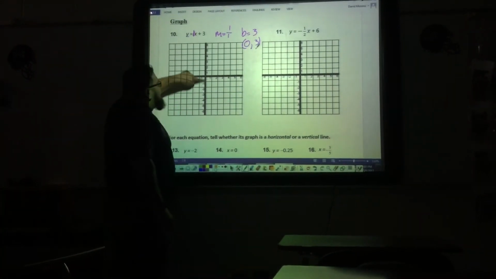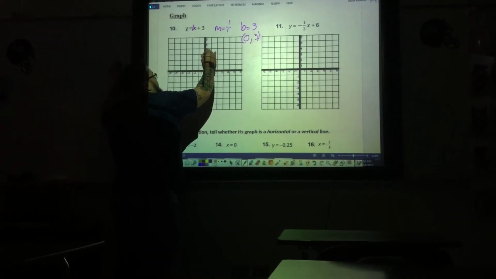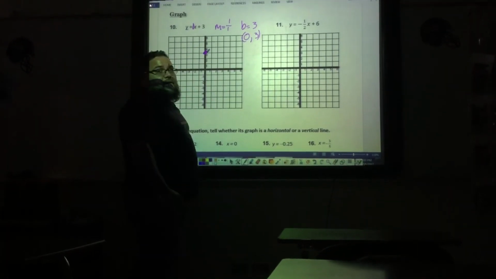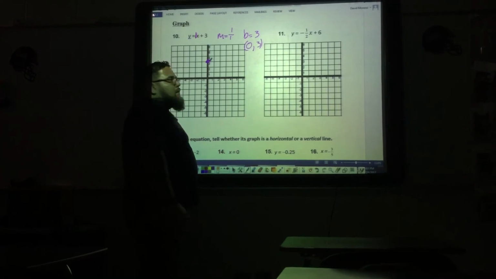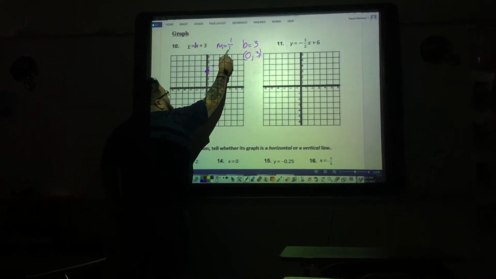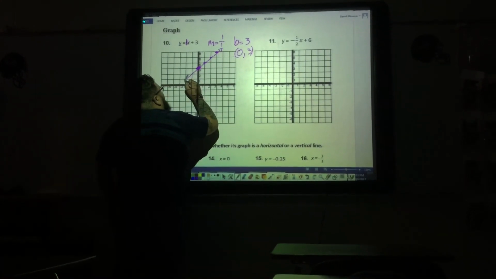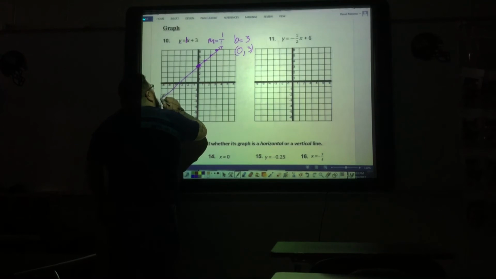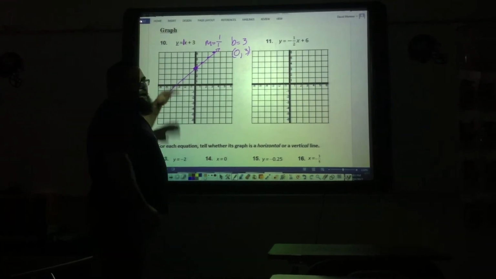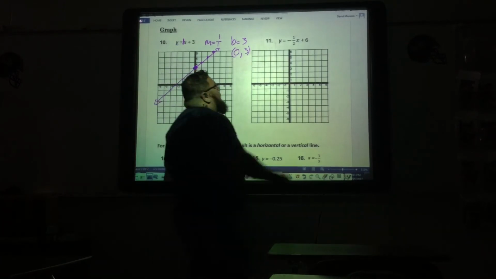So I can go to my y-intercept. 1, 2, 3. I know that's on the graph. Now that I know that's on the graph, okay, I go up 1 over 1, up 1 over 1, up 1 over 1. And then I can just connect the points, right? Okay, there's my line.